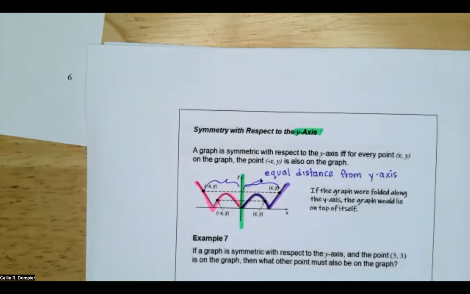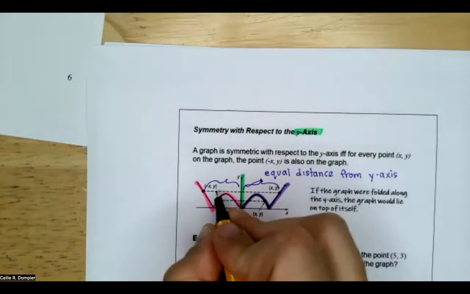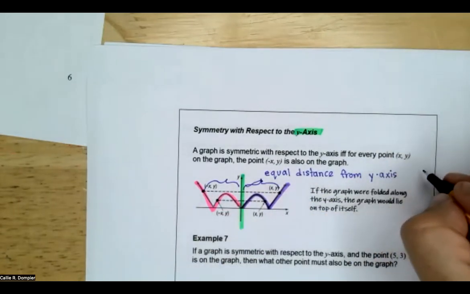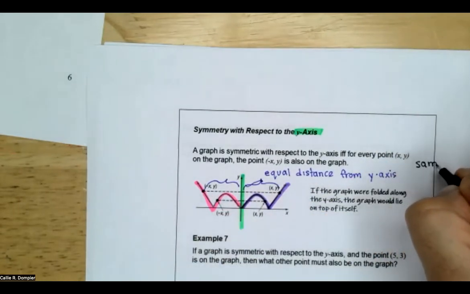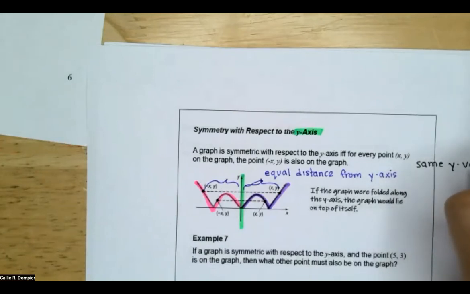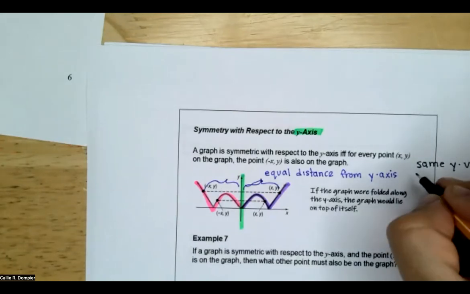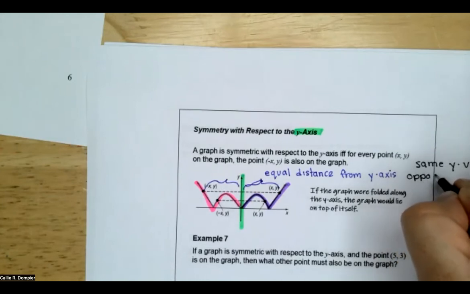The first example, we were equal distance from the x-axis because we were symmetric on the x-axis. Now we're equal distance from the y-axis. And therefore, we have the same y values for all of them, and opposite x values.